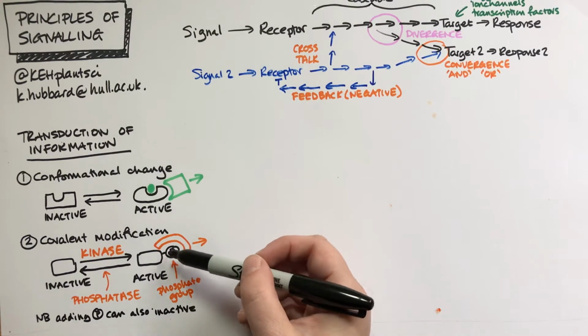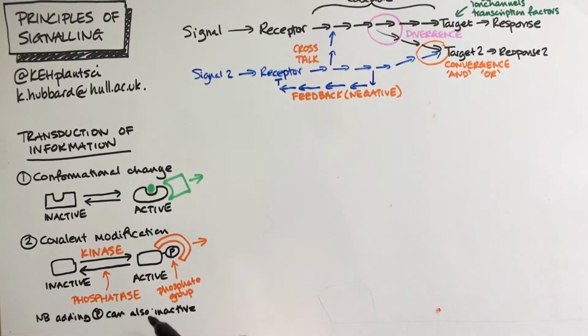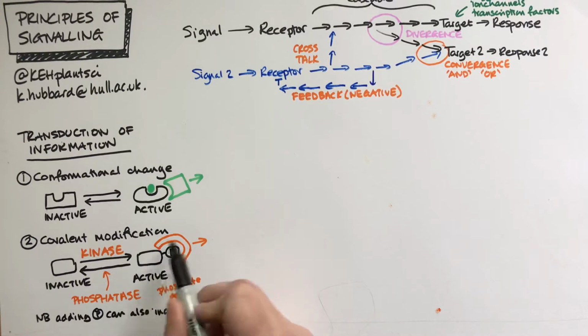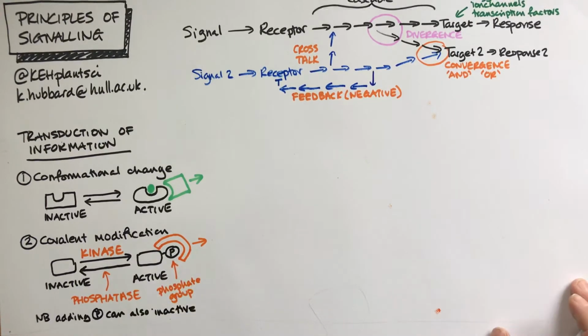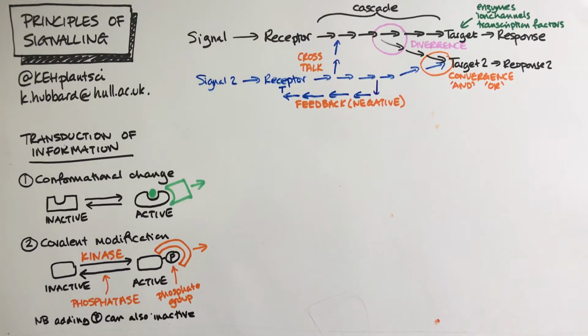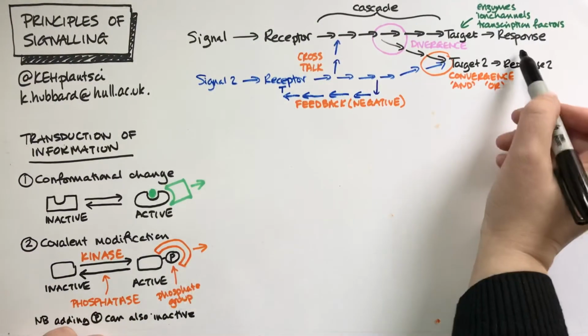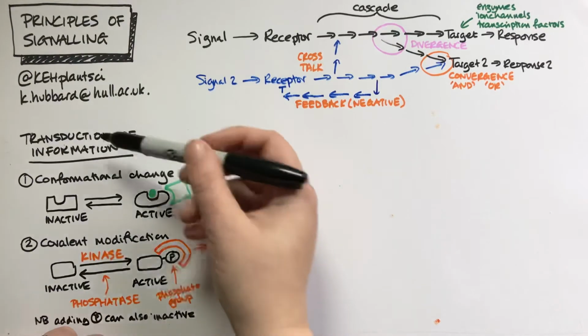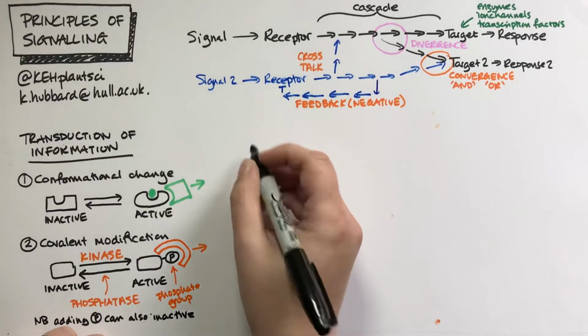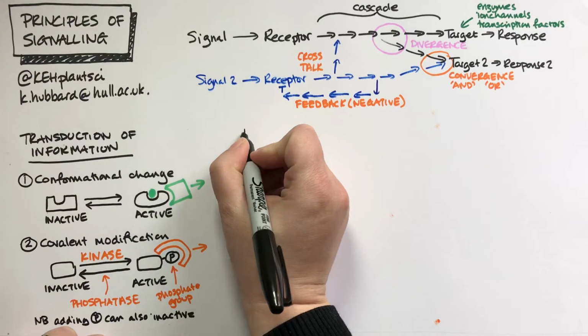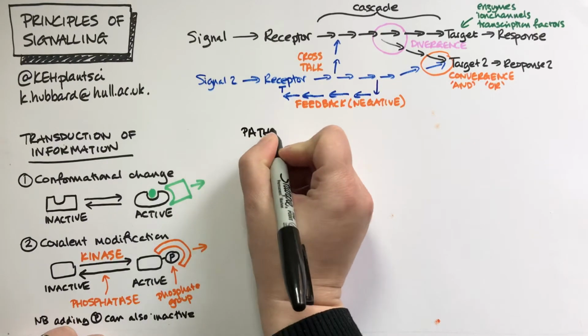That phosphate is inhibiting, and removing that phosphate by the action of a phosphatase would activate your pathway. So it can be that the inactive form is the one with the phosphate group. It can happen in both ways. Okay. So we've now got conceptually what's going on with our pathway, and we know how one protein could activate another.